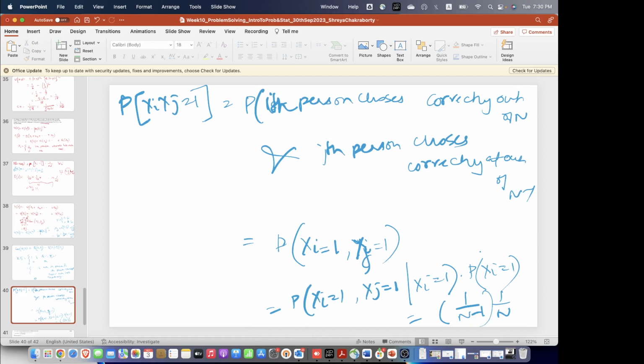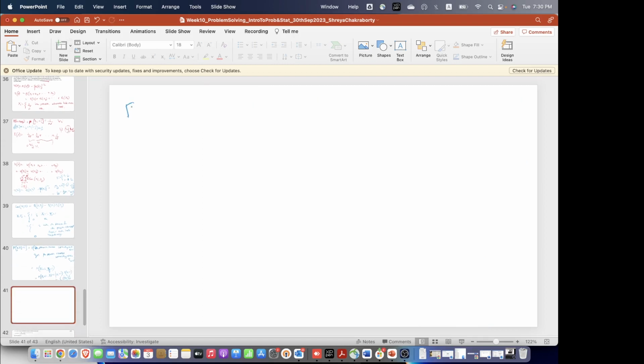Alright, so this is the success probability of getting probability xi xj equal to 1. So now expectation of xi xj is equal to 1 into 1 by n into 1 by n minus 1 plus 0 into 1 minus 1 by n into 1 by n minus 1.